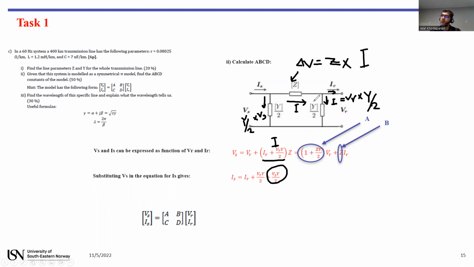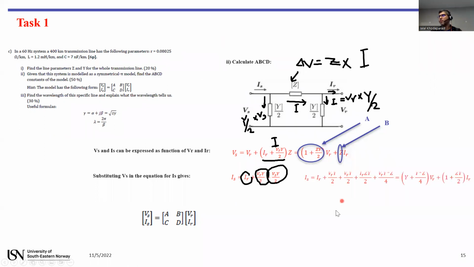And this current itself consists of two parts: IR plus this current, VR Y divided by 2. So based on this formula, we can calculate the current from the sending side.